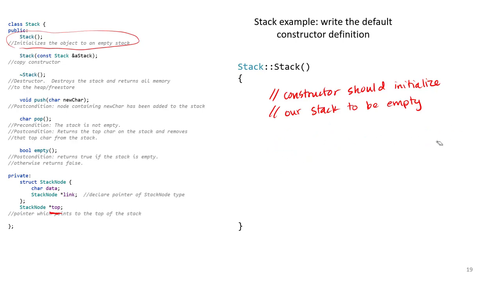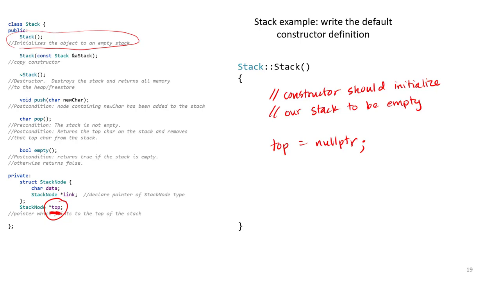Instead, we just want to take the existing top pointer that our object already has. So we're going to take our current object's top pointer and make top point at null. If our top pointer points at null, that means that there is nothing in our stack and top is pointing at the null memory address.